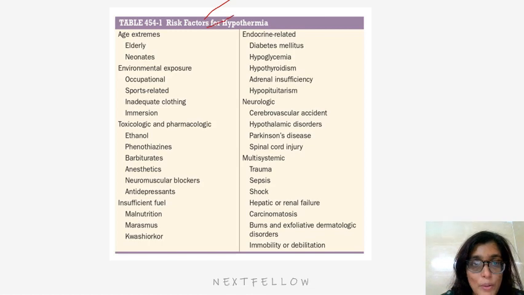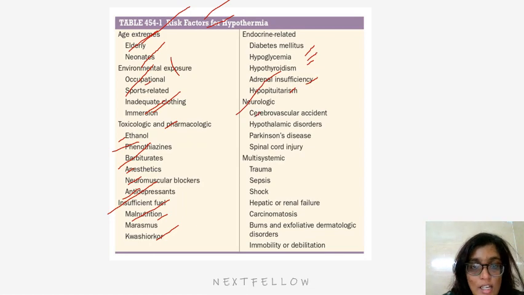Risk factors for hypothermia: age extremes like the elderly and the neonates; environmental exposure, that is occupational, sports related, inadequate clothing and immersion; toxicologic and pharmacologic, like ethanol, phenothiazine, barbiturate, anesthetics, neuromuscular blockers and antidepressant; insufficient fuel, that is malnutrition, marasmus and kwashiorkor; endocrine related, that is diabetes mellitus, hypoglycemia, hypothyroidism, adrenal insufficiency and hypopituitarism.